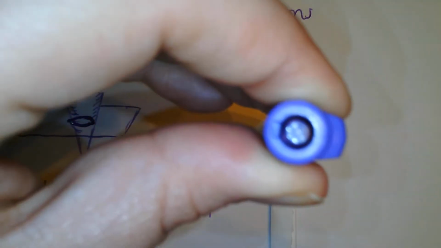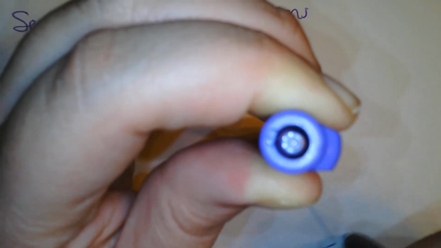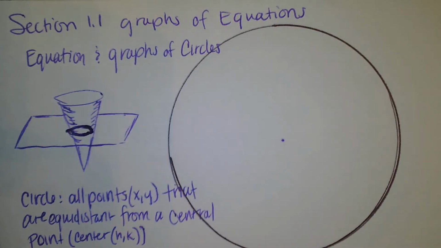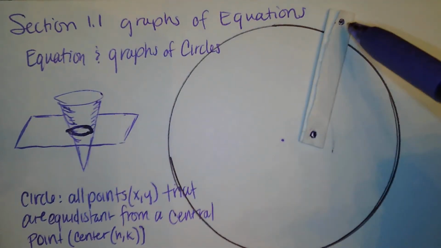And you've all used a protractor or a compass in math class. So you get the idea here, except my hand's in the way. But the point is, this piece of paper held every point at an equal distance.